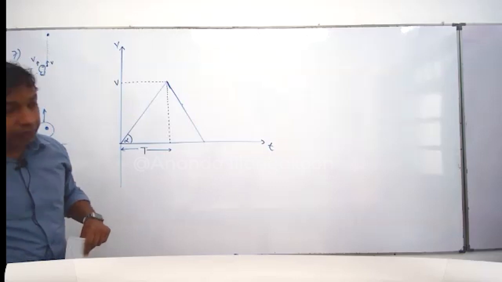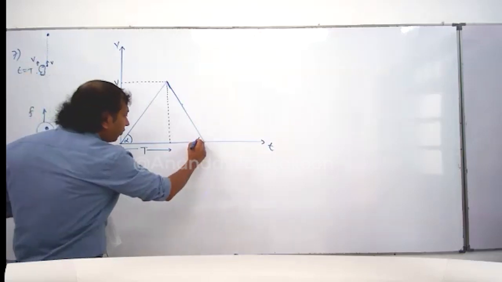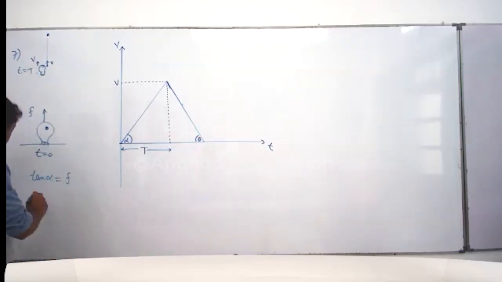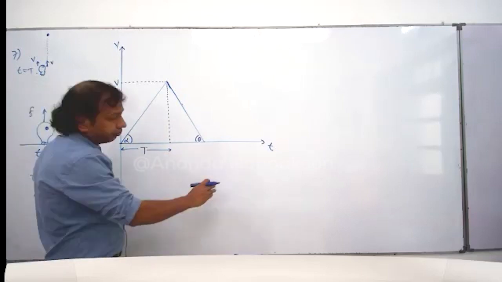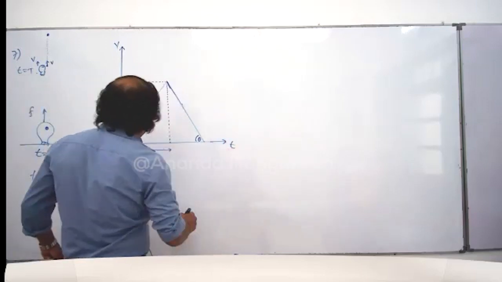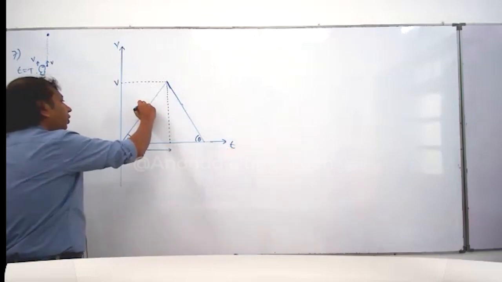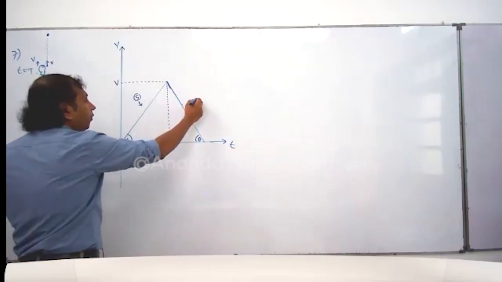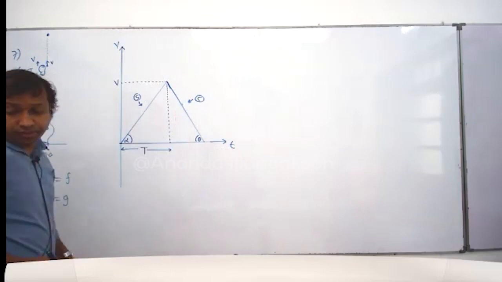Understood? Okay. Then if I take this as theta, what is tan theta? Retardation g, right? So for this graph, 5 marks are given.